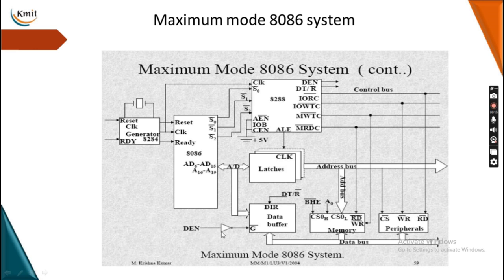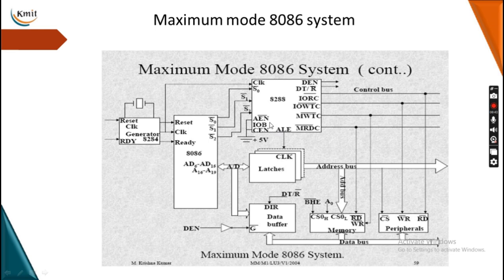Similarly, data enable and data transmit or receive bar are the control signals for the data buffer in order to separate AD0 to AD15 as D0 to D15, the 16-bit data bus. In the 8086 processor, we have a 16-bit data bus and a 20-bit address bus.